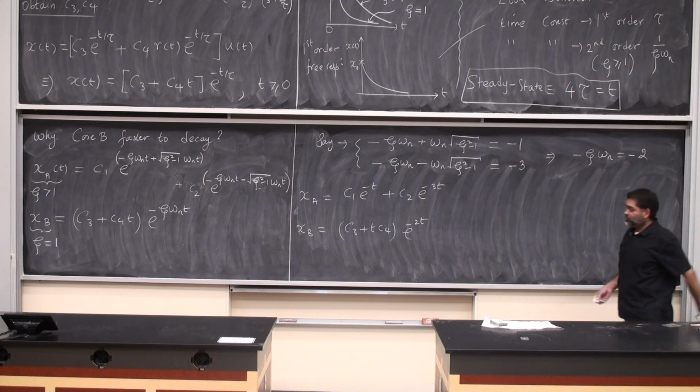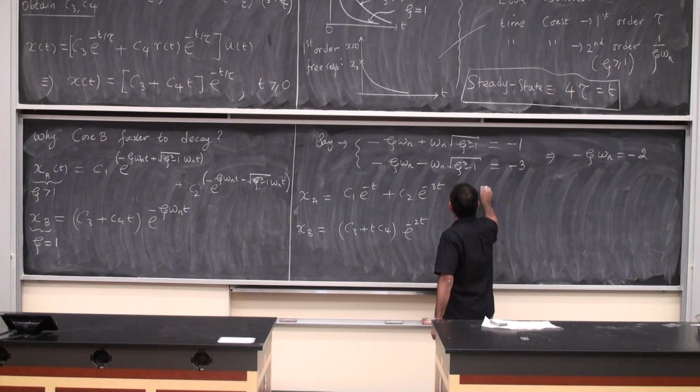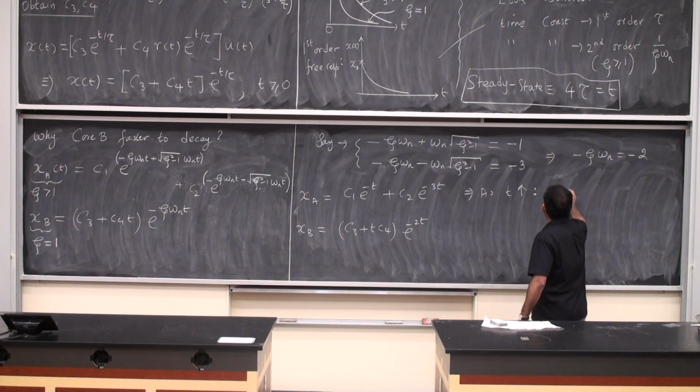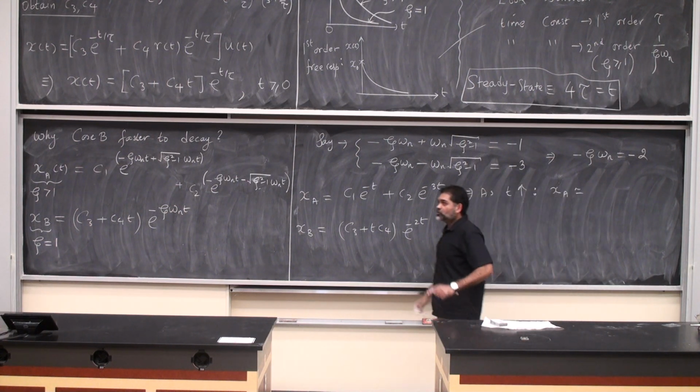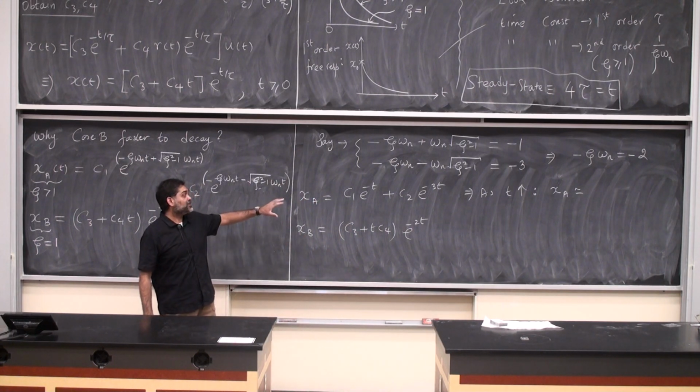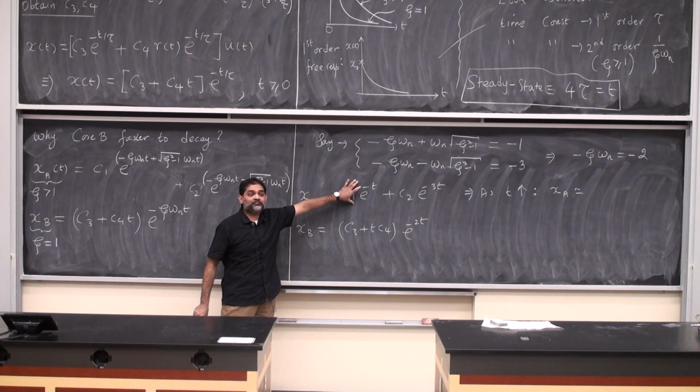When time grows larger, the more dominant part of the solution in the first equation is what? It is going to be this guy. This is the one that's going to decay slower. So which means the long-term behavior of the system is going to be affected by the smaller of the exponents. Right?